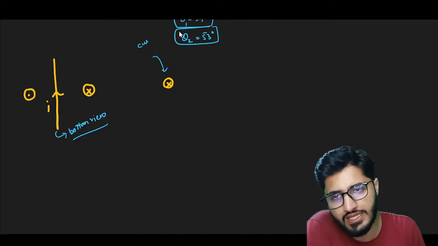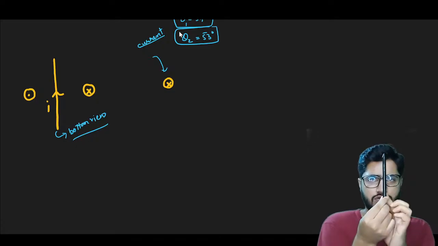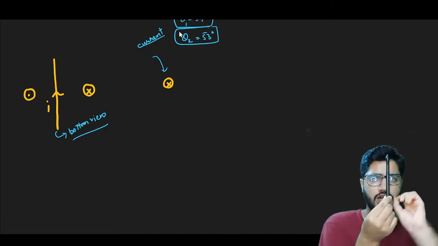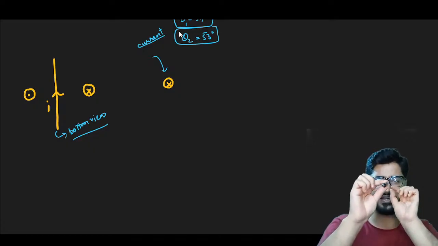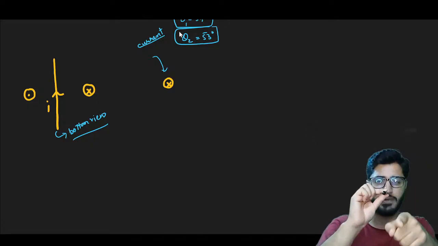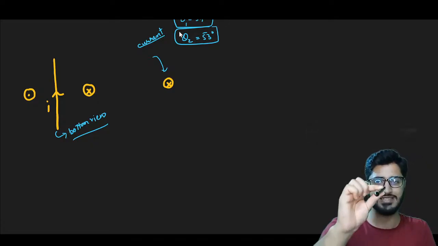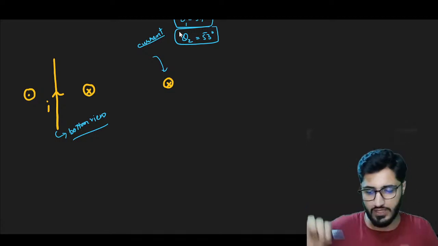Current is going into the plane. Look, we were seeing a wire like this and current is going in this direction. Now I just rotate this wire in this way, so you will see now the cross, current is going into the plane. You can see now the pen is into the plane, so you can see only the tip of this pen. That means you can see only the tip of the wire.